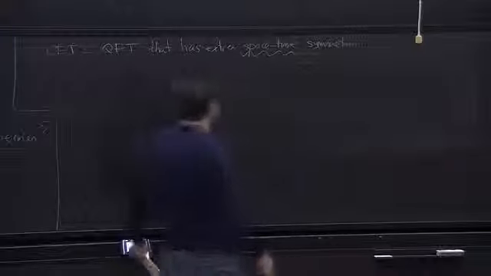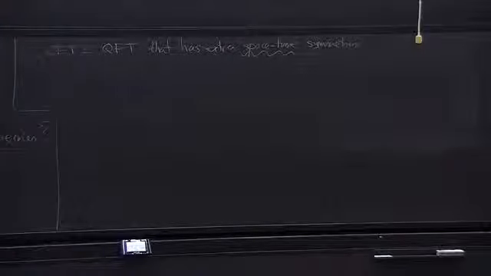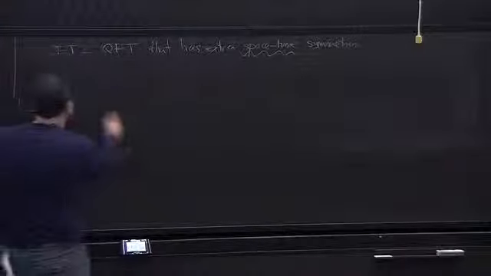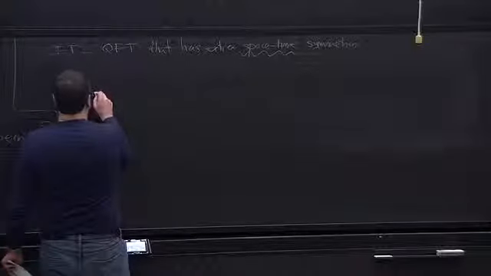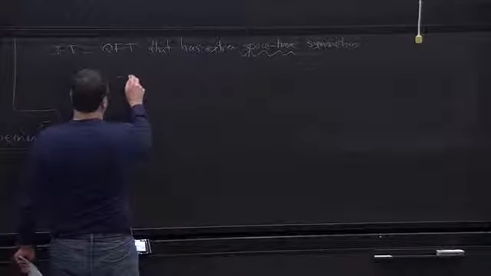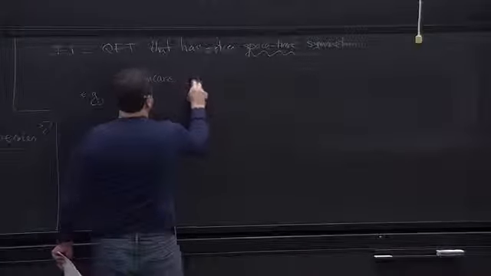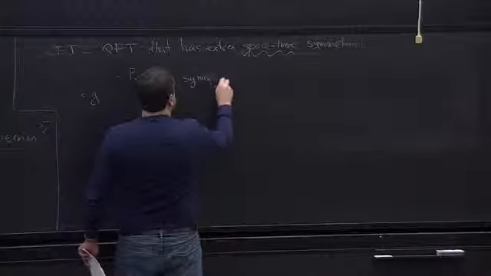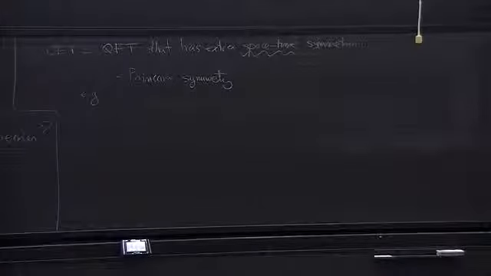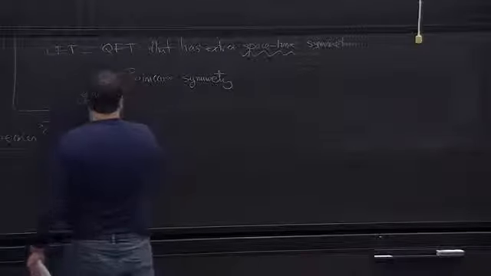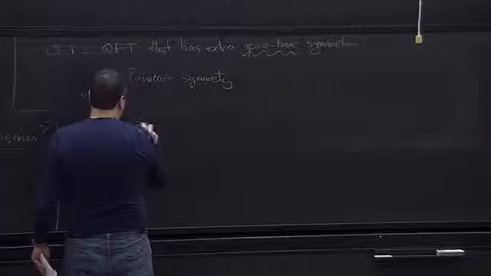So what are the kinds of space-time symmetries that we are familiar with from before? For example, in the relativistic context, we're used to Poincaré symmetry. Importantly, that's the space-time symmetry associated to relativistic systems. And in the non-relativistic context, you can have theories that have Galilean symmetry.